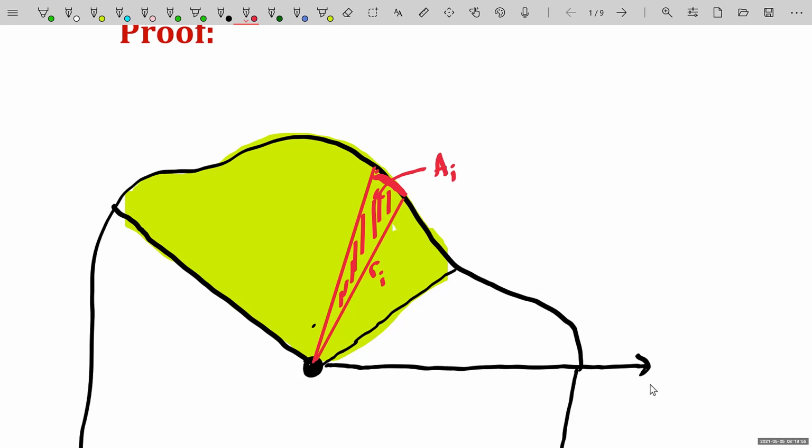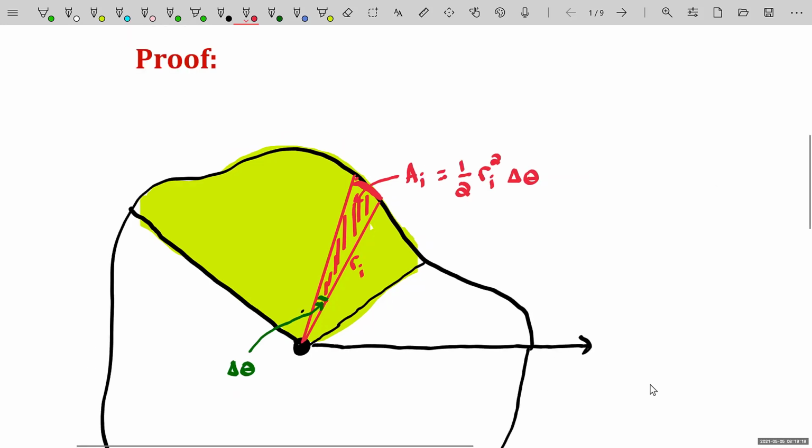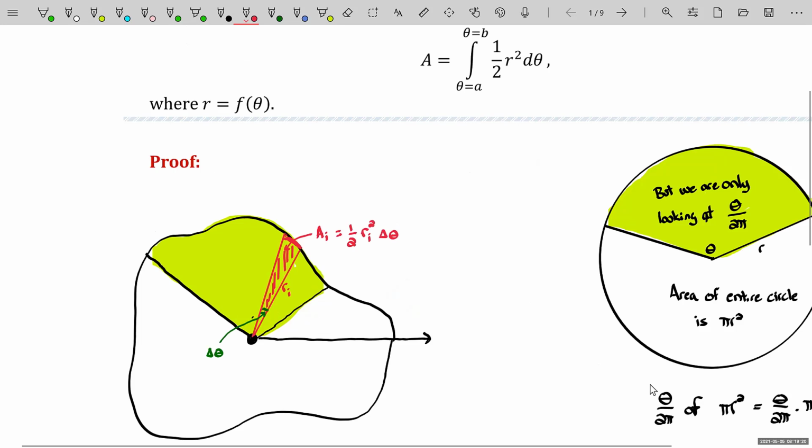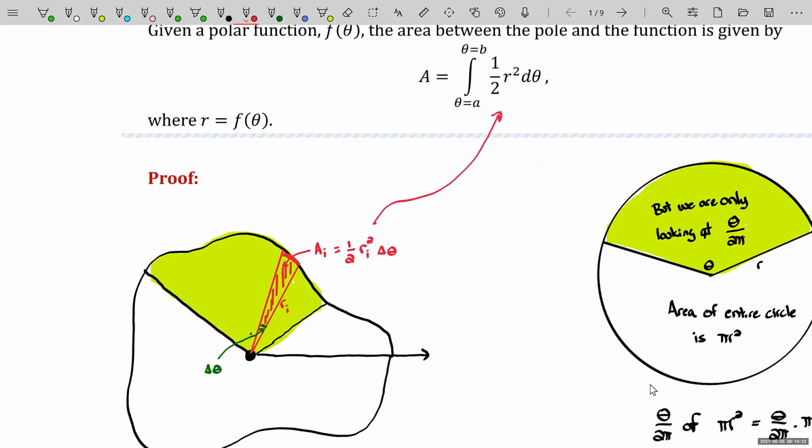I happen to know that area is just 1/2 that radius squared times whatever wiggle in theta that I have. And if you add up all those slices, you'll get 1/2 r squared d theta. There you go. That is the proof of it.